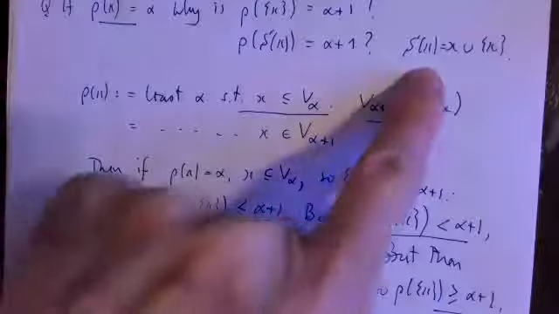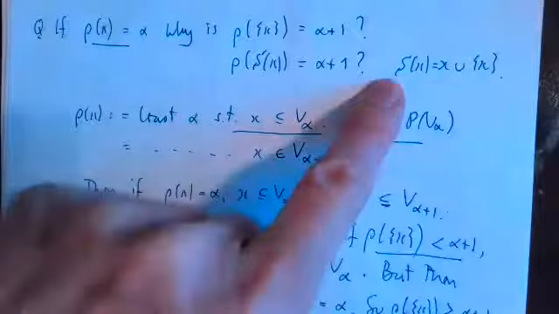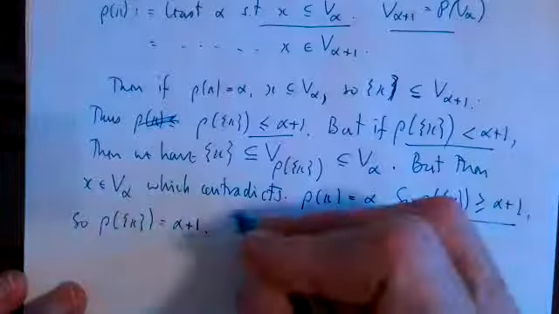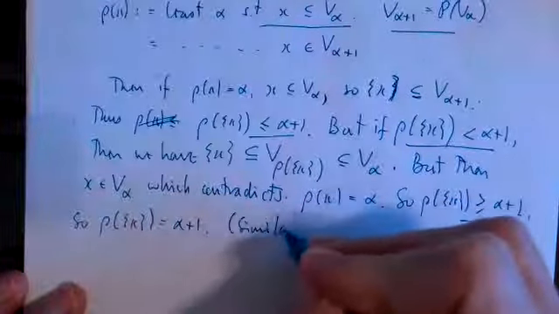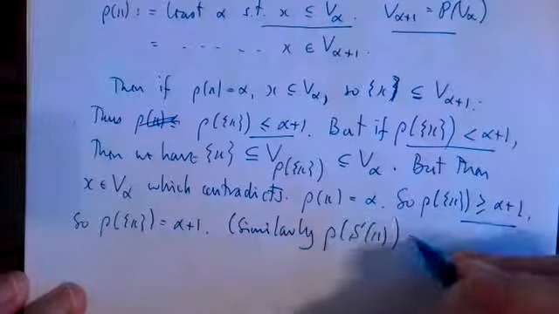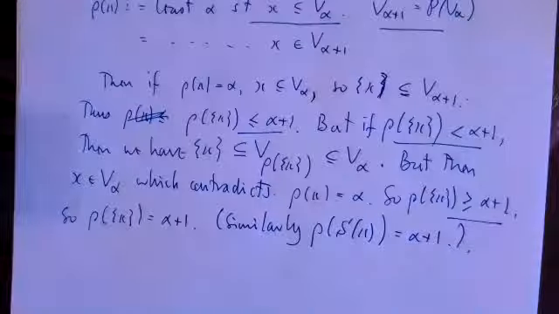And the rank of the successor of X, which you can see is X union singleton X, that's again alpha plus 1 for similar reasons, which I won't go through here.